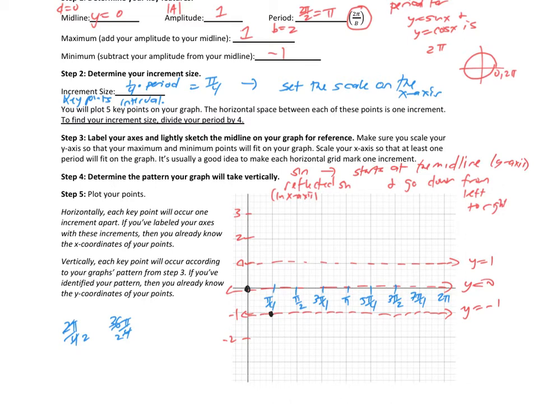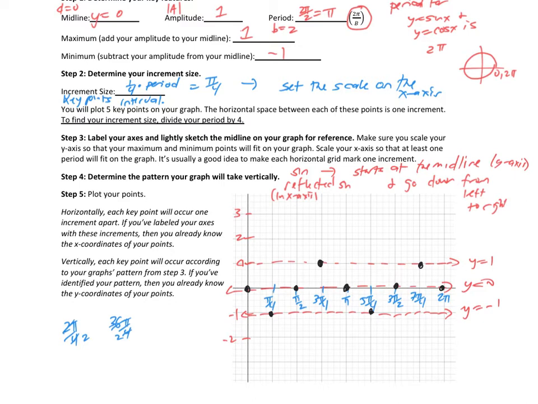Then I'm going to go over another pi over 4, which will put me at pi over 2, in which case I'll be back at the midline. Then I'll be at 3 pi over 4 up to a maximum, which is 1. Then I'm going to be back at the midline for my next point, which is pi over 4 away, at pi, 0. And then we can continue the pattern. So 5 pi over 4, negative 1, 3 pi over 2, 0, 7 pi over 4, 1, and 2 pi, 0.